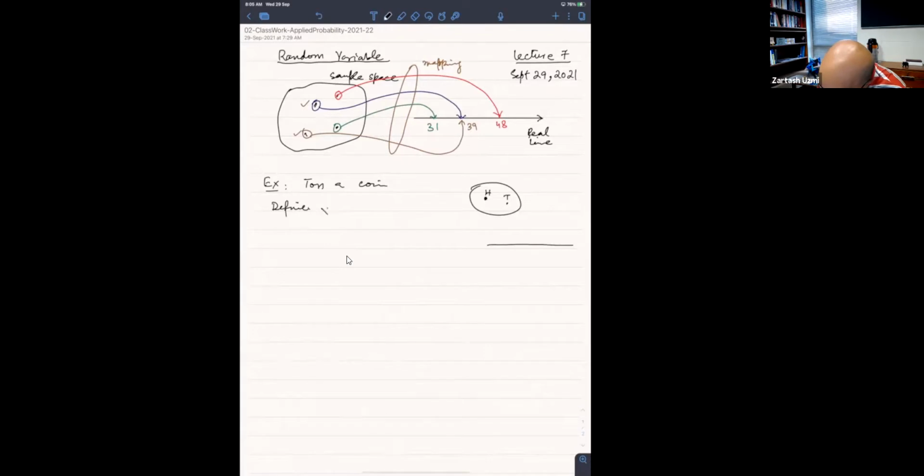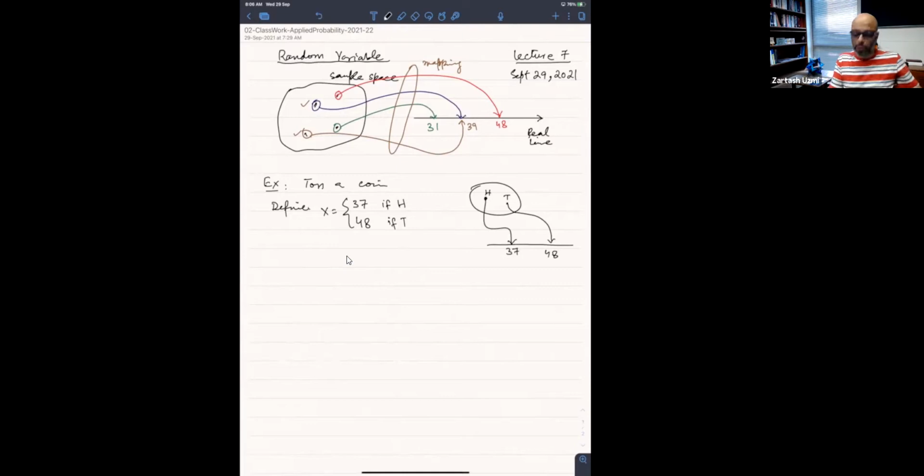Define X to be equal to taking some values, totally arbitrary values, totally up to us how we define those values: 37 and 48. We give it these two values, 37 if head and 48 if tail. That means if a tail comes, it maps to 48, and if a head comes, it maps to 37.